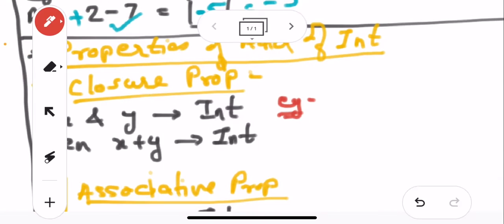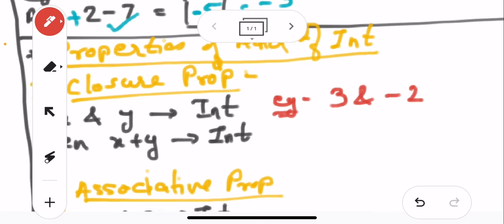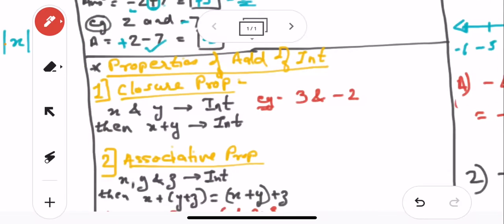If I take two integers, now integers we know that it is any number. Suppose I take 3 and minus 2. When these two are integers, then I write 3 plus minus 2. Now this is my x and this is my y.